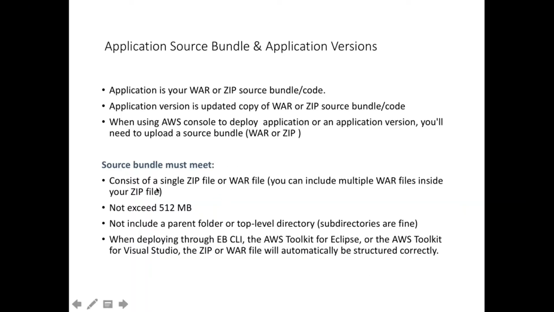Okay, so the application source bundle must meet this extension, and it should not exceed 512 MB, and it should not include any parent folder or top level directory. What it means is, let's say my application, I created a zip file called abc.zip.